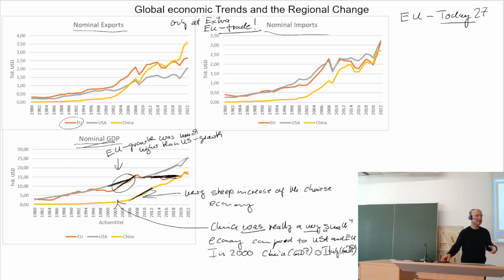So I consolidated the data so that I didn't look at the trade between France and Germany, because if you just sum up all these data, you would come to the point that EU trade is, I think, about 60 or 70 percent of the trade volume of the world.